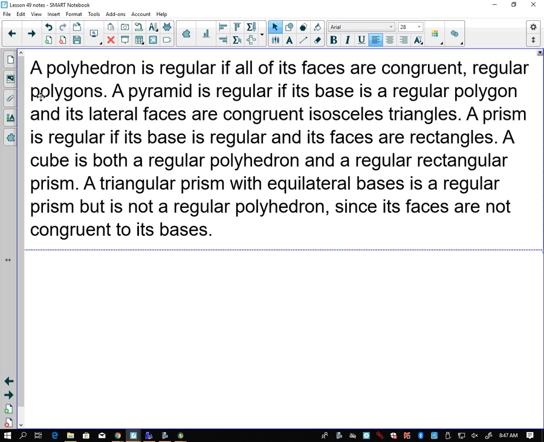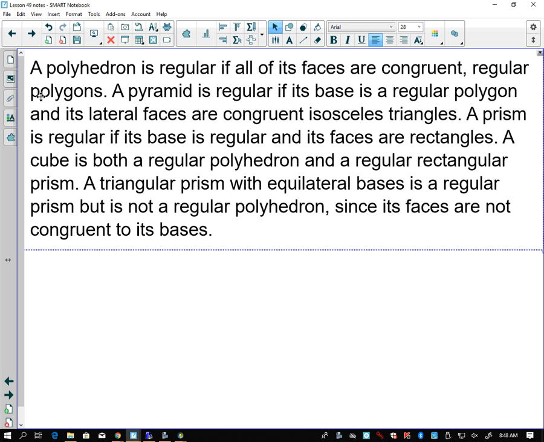A triangular prism with equilateral bases, meaning all sides are the same length, like this one right here: if these triangles are equilateral, and for that matter equiangular, then these three faces should be rectangles.